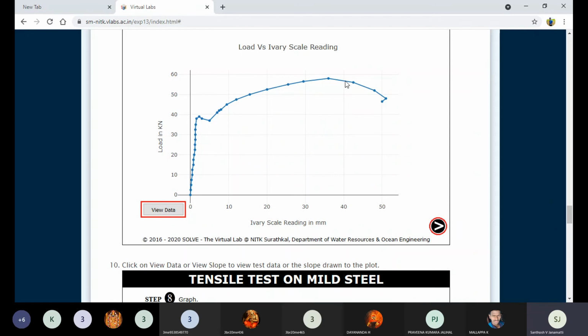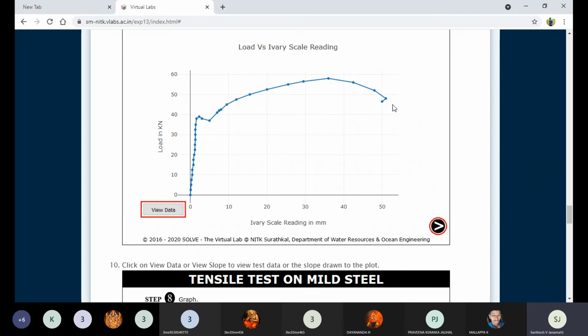The load drops slowly after 60, and beyond 60 the material fractures. Suddenly the load drops down at 45. We can call this point approximately 45, the fracture point.